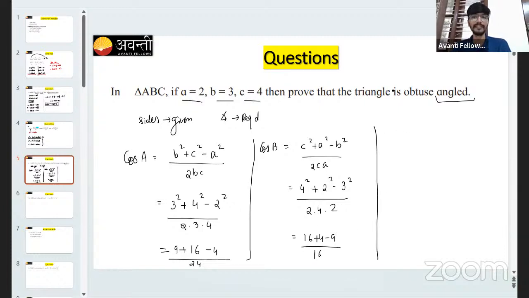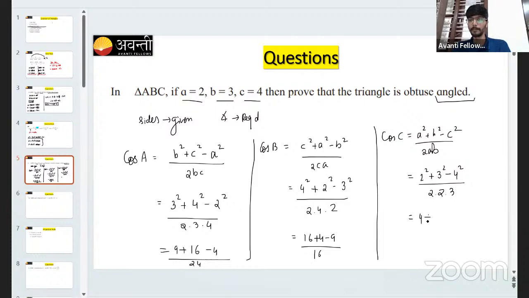So basically, what we will have to calculate finally, the hope rests on cos C. Cos C is a square plus b square minus c square upon 2ab. So 2 square plus 3 square minus 4 square upon 2 into 2 into 3.